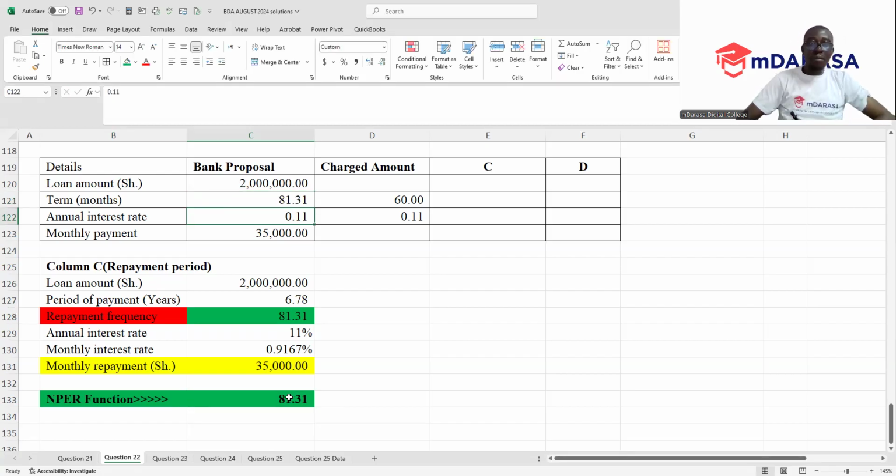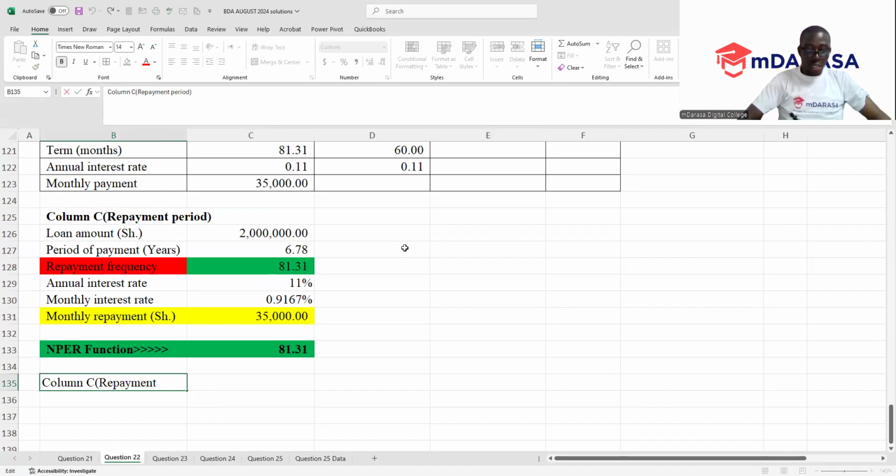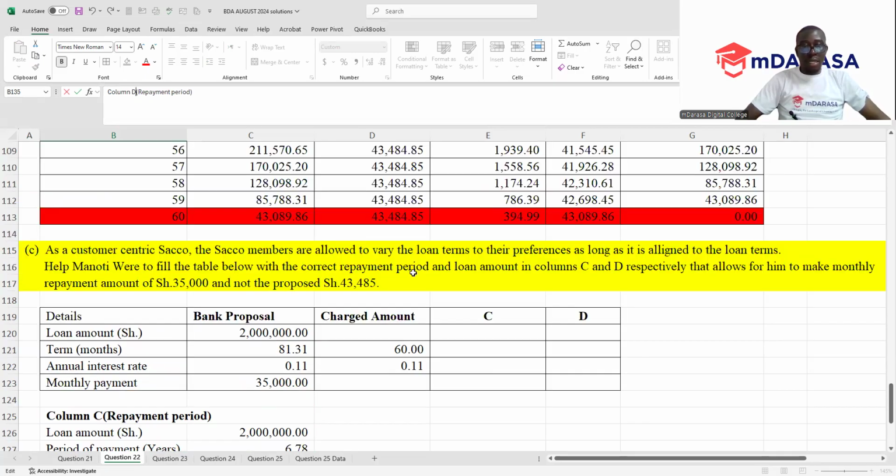Okay? The next item to do is to determine column D. Remember, column C, already we've achieved that. So column D, as per what the good examiner had given us here, we want to determine the loan amount that I'm supposed to have.